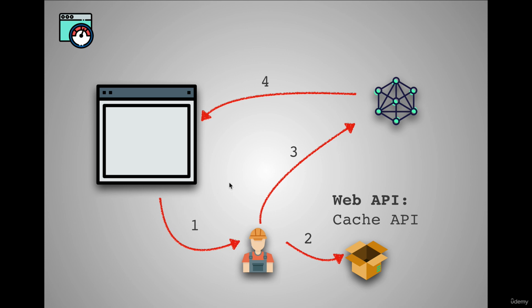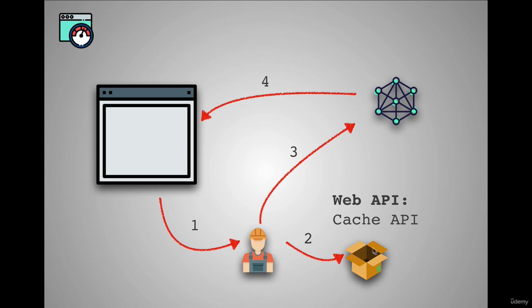The service worker then tries to access something called the cache API. And this is something that the browsers give you. Again, most browsers have this because they included this feature with service worker. And this cache API is kind of like a box where the browser stores files, such as JavaScript files, CSS files, any static files.